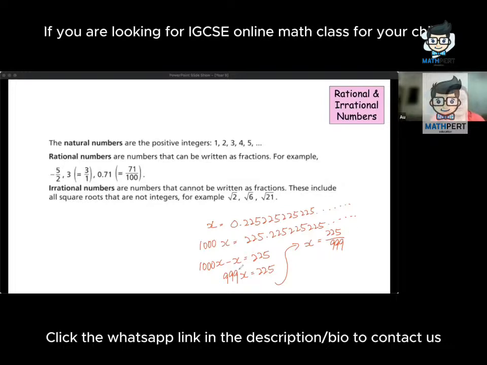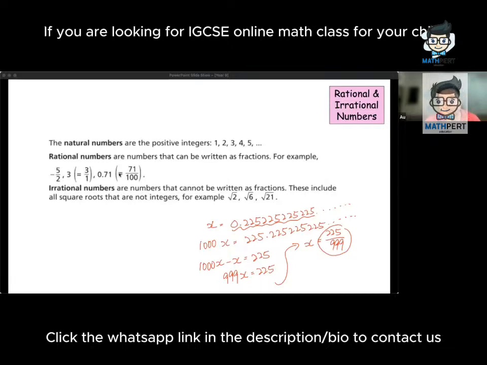We convert the recurring decimal back to fractions. When we can convert it back to a fraction, I can say that this one is a rational number. So numbers that can be written as fractions, we call rational numbers.